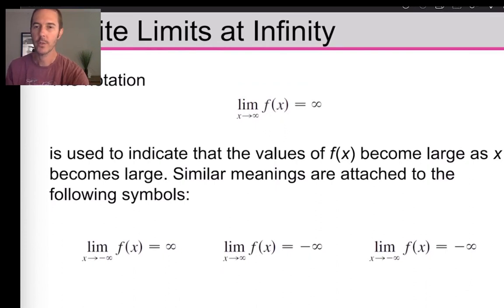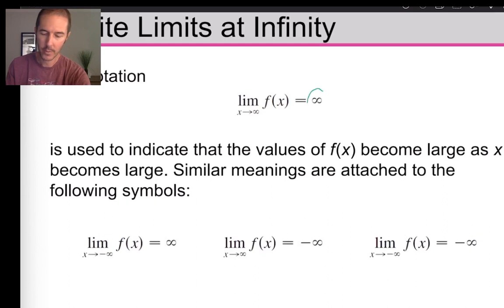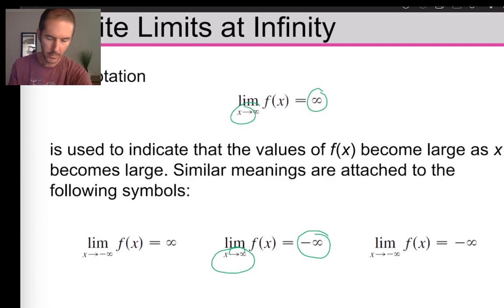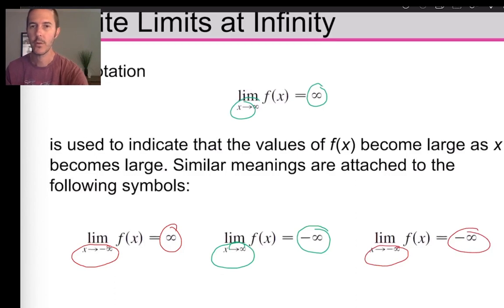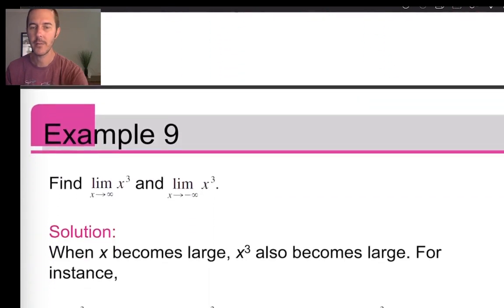As you go off to the right, your y values could be approaching positive infinity, or as you go off to the right, your y values could approach negative infinity. However, as you go to the left toward negative infinity, your y values could get really large, or as you go off to the right, your y values could get really large in the negative direction. So those are your infinite limits at infinity.